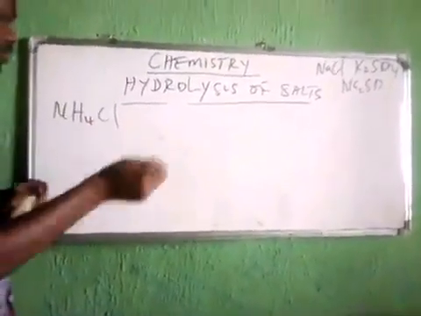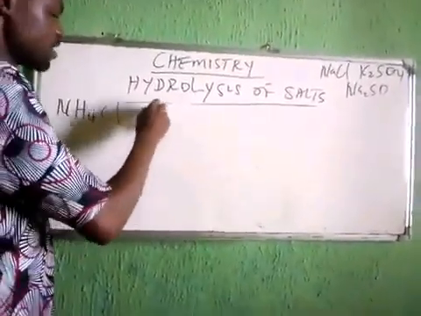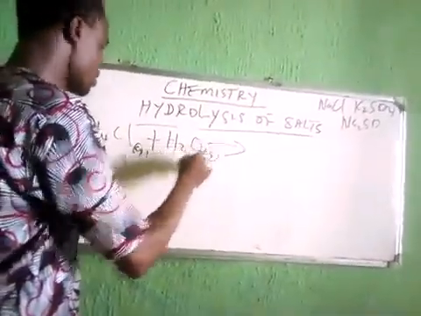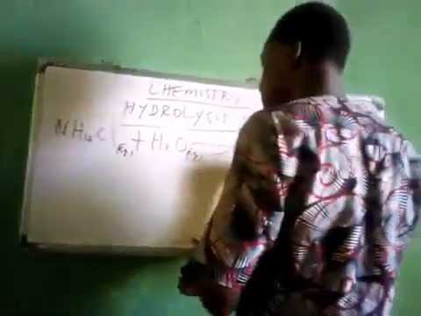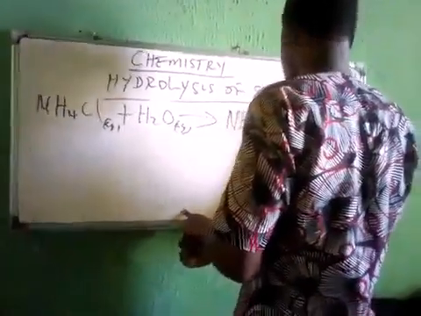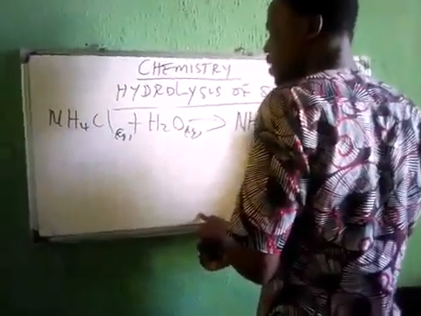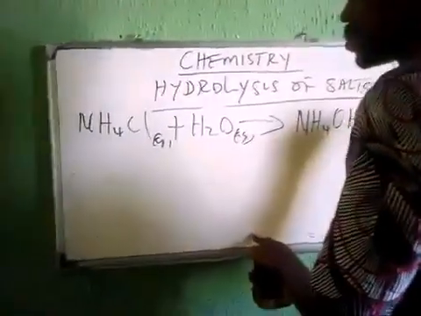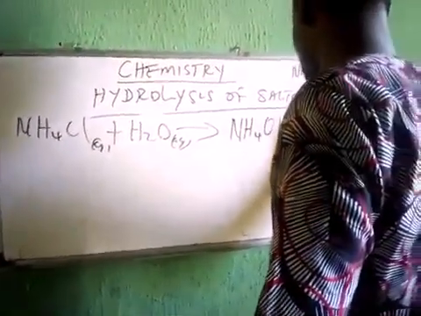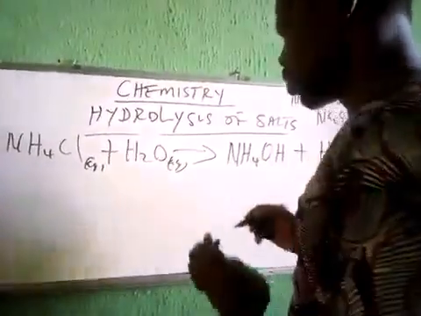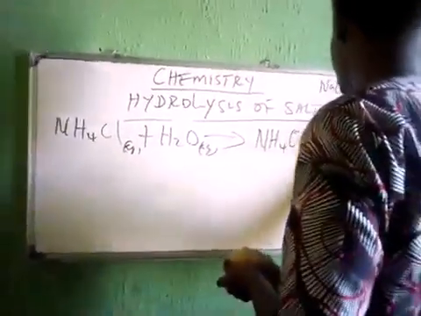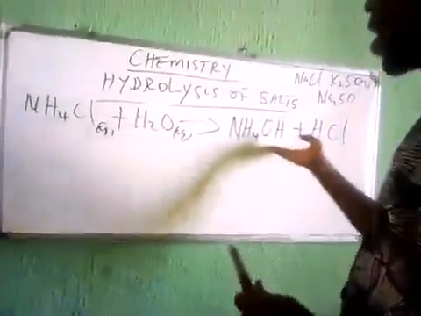Now, at this point, when we dissolve it in water, NH4Cl plus H2O gives NH4OH plus HCl.